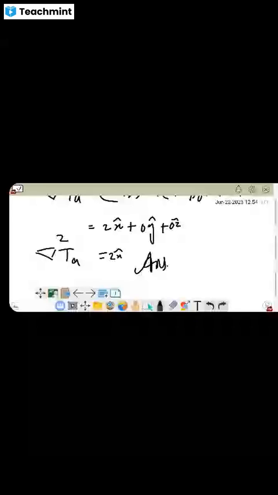So this is the formula on page 24 for the line integral.